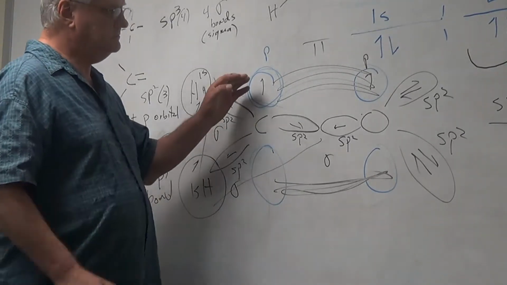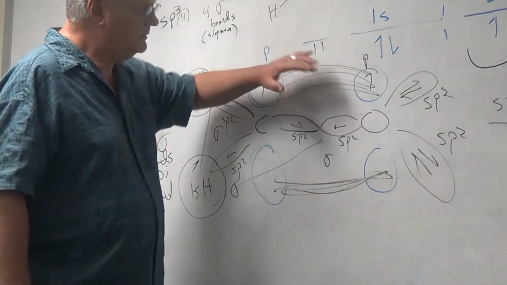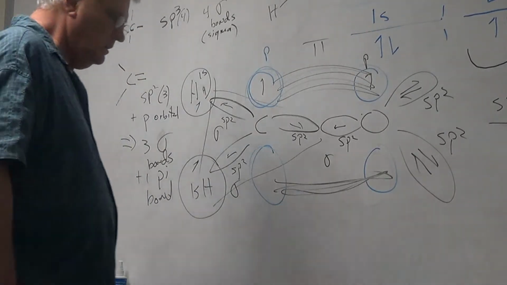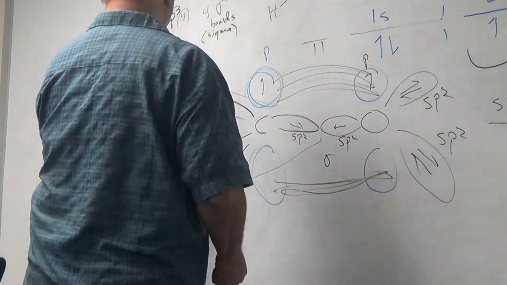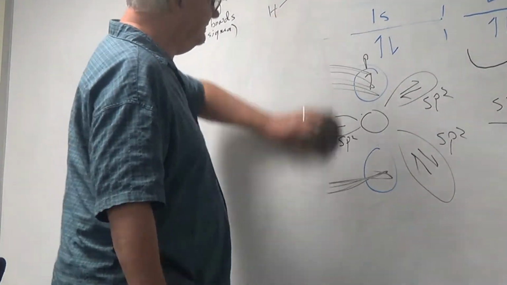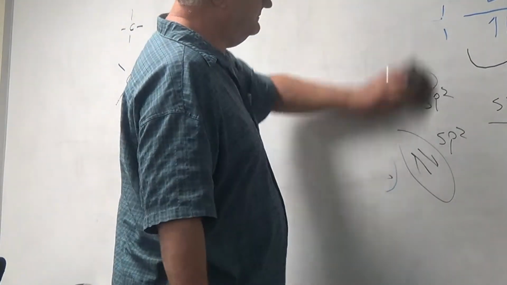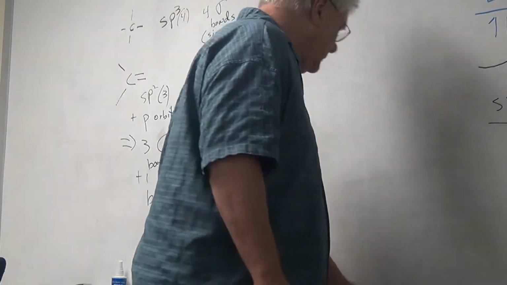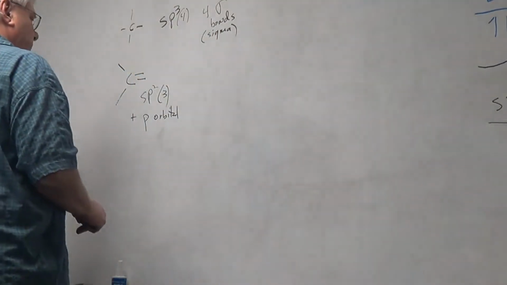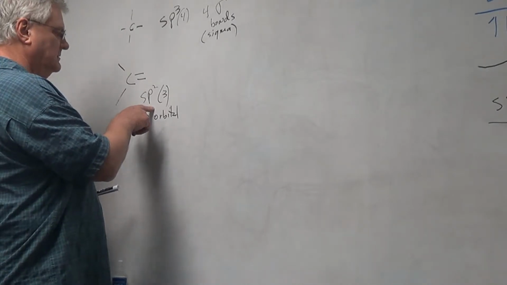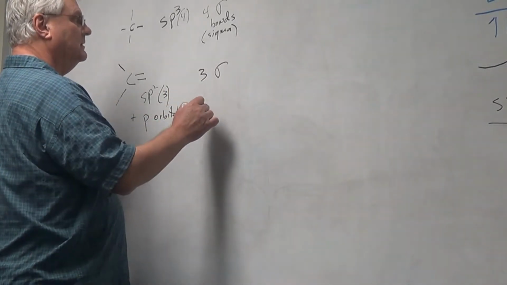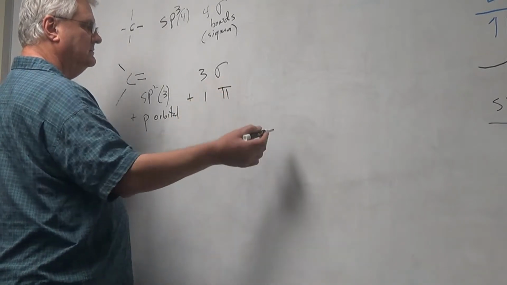This overlap above and below the plane is considered one bond, a pi bond. You can imagine it's only going to get messier when carbon has a triple bond, and we'll see if they have some nice slides that are easier to visualize than my drawings here. Again, if carbon has a double bond and two single bonds, it's sp2 hybridized, with three sp2 hybrid orbitals plus a p orbital, resulting in three sigma and one pi bond.